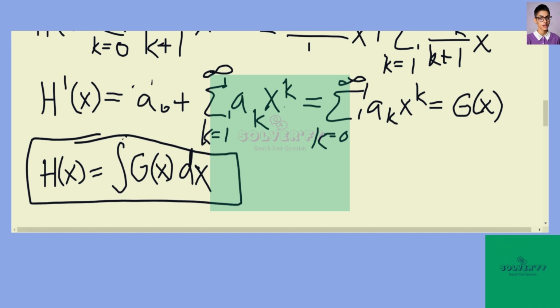In part F, we're given the sequence a0, a0 plus a1, a0 plus a1 plus a2, a0 plus a1 plus a2 plus a3, and so on.